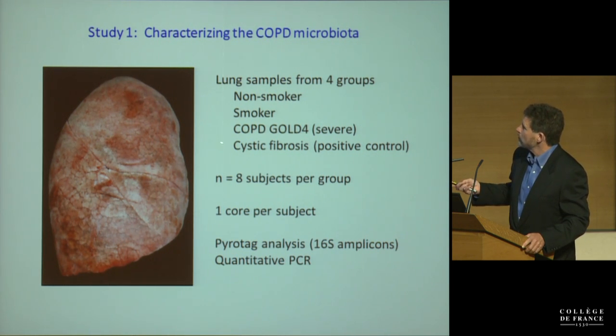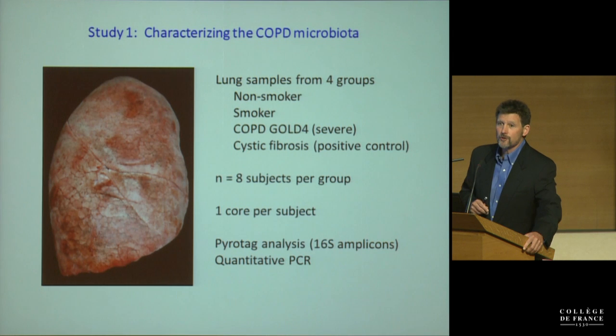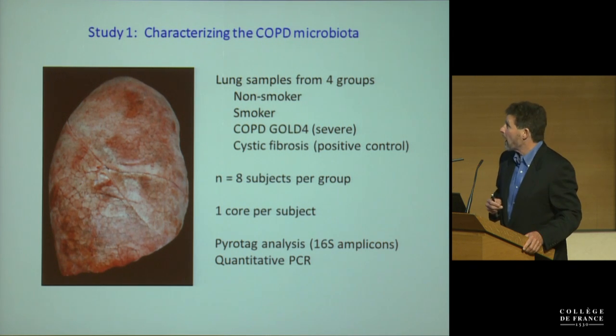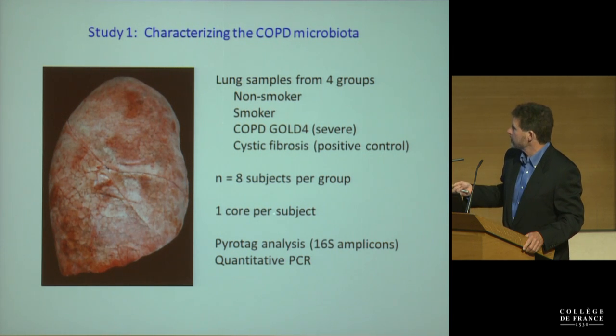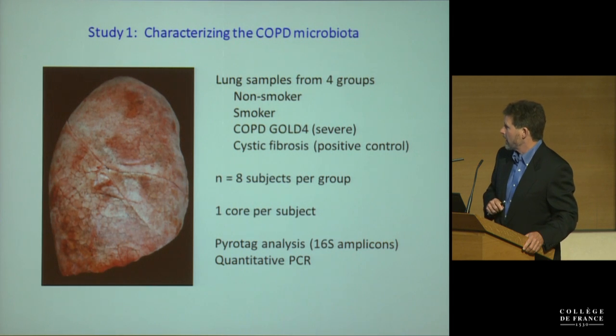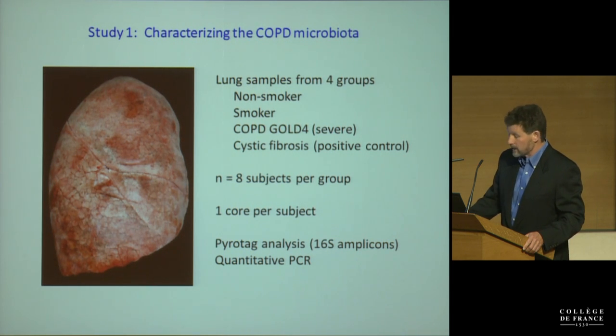Also, as a control, we had lungs from cystic fibrosis patients. These basically served as a positive control, because we knew that these would have high levels of bacterial infection. We had 8 subjects per group and 1 core from each subject, and we analyzed the communities via pyrotag analysis of 16S amplicons, as well as quantitative PCR.